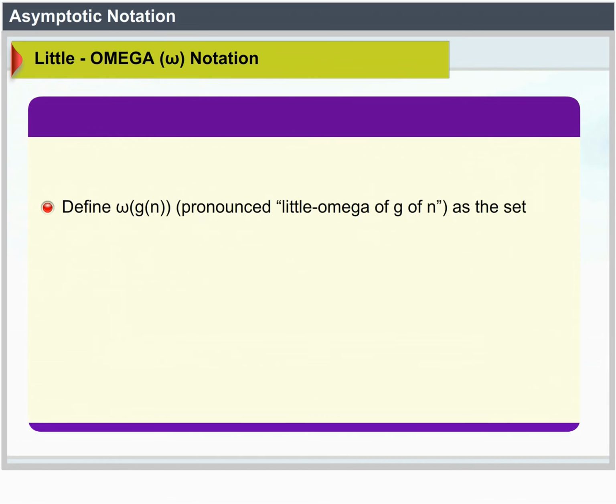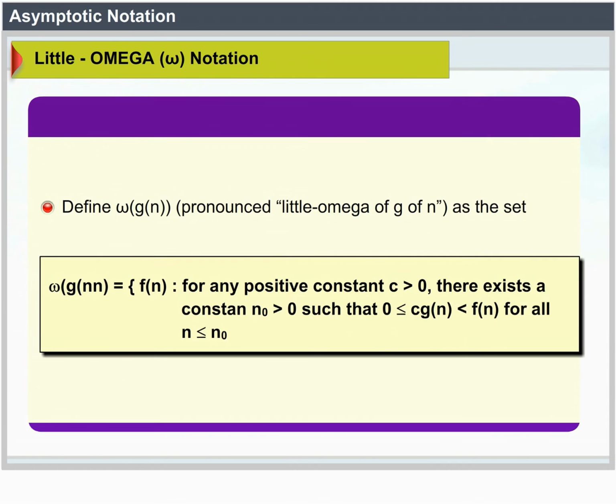Define little omega of g of n as the set of f of n such that for any positive constant c greater than 0, there exists a constant n naught greater than 0, such that 0 ≤ cg of n < f of n for all n greater than or equal to n naught.